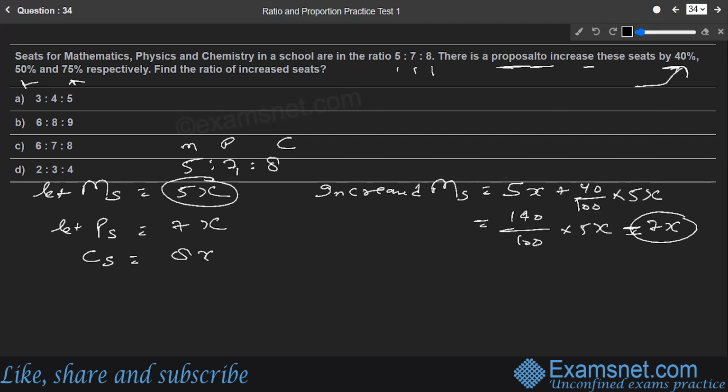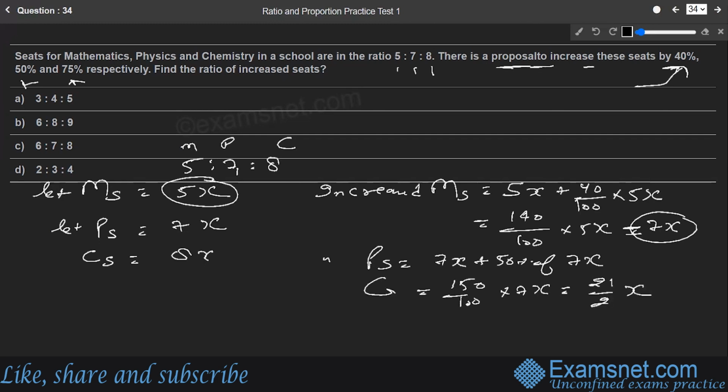Now similarly, we can find the increased seats for physics. They said the physics seats are to be increased by 50%. So the physics seats were 7x plus 50% of 7x. That will be nothing but 150% of 7x, and if we solve this, it comes out to be 21 by 2x.